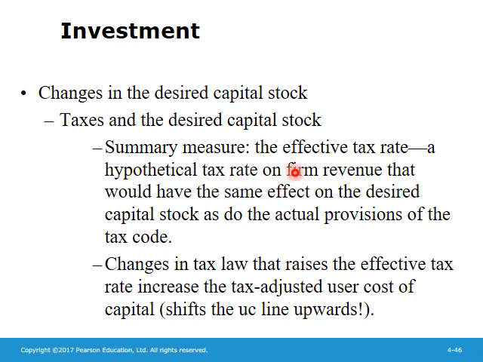Okay. Since I just mentioned it's quite complicated they have invented a new measure which is the effective tax rate. It's like an average of the whole system of the whole taxes imposed on firms or on profits.